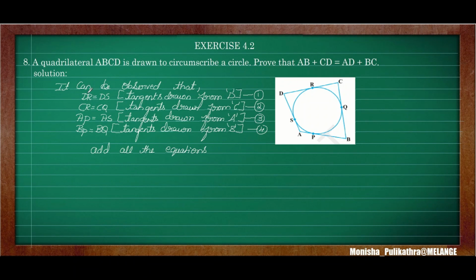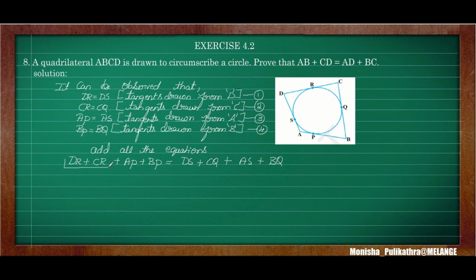We need to add LHS on one side and RHS on the other side. So it will become DR plus CR plus AP plus BP is equal to DS plus CQ plus AS plus BQ. Now we need to group it.